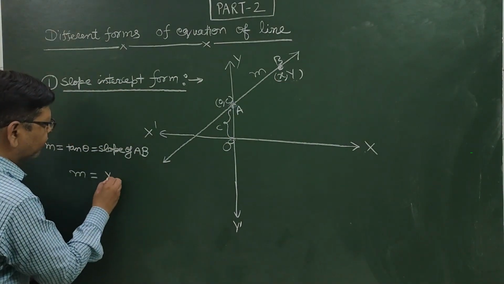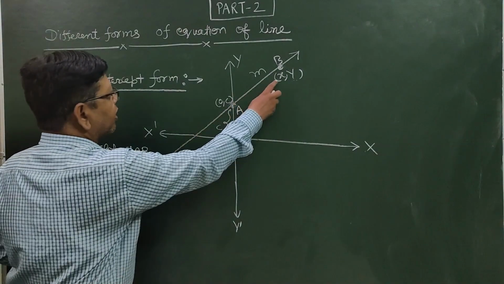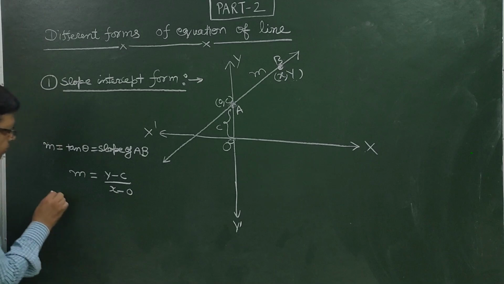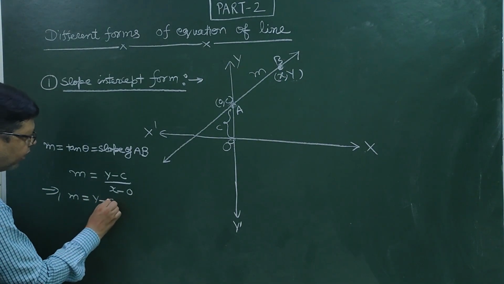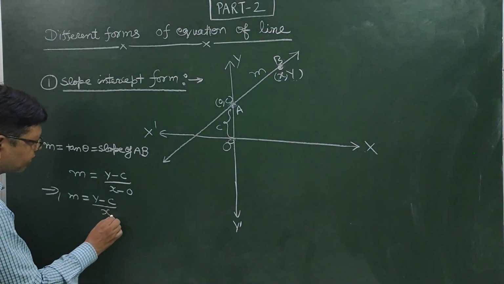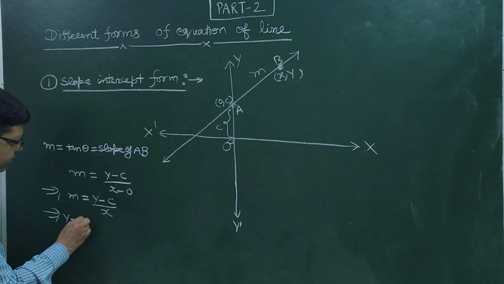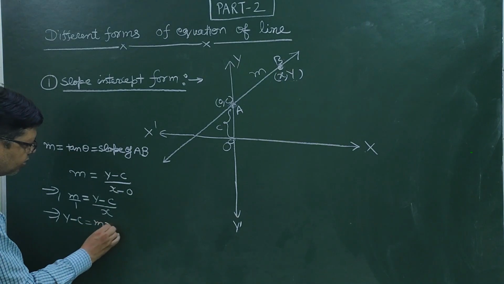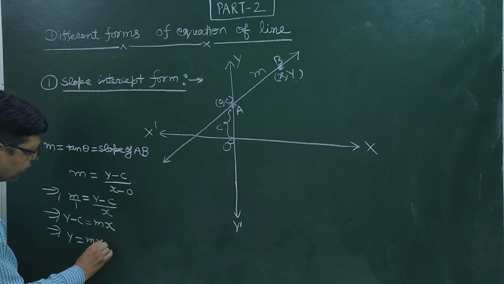So m is equal to y minus c upon x minus 0, that is y minus c upon x. If you cross multiply, then y minus c is equal to mx, or y is equal to mx plus c.